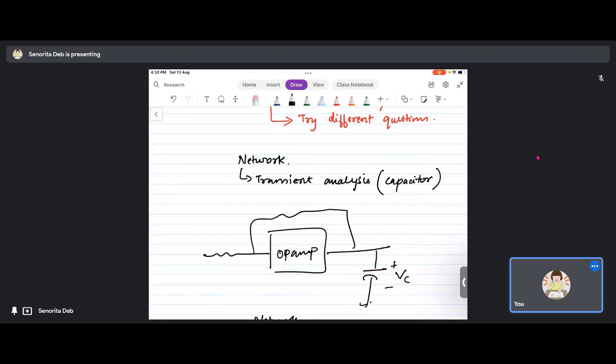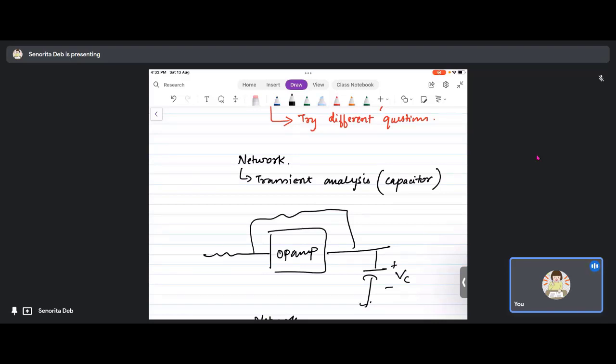Once you have started solving questions, suppose you are very comfortable in question solving, then you should set a timer and solve questions, okay? Because it might happen that you are able to solve a question but you are taking 20 minutes for it. In GATE you don't have that much time, right?